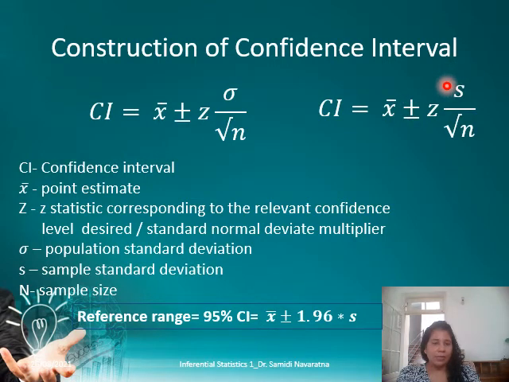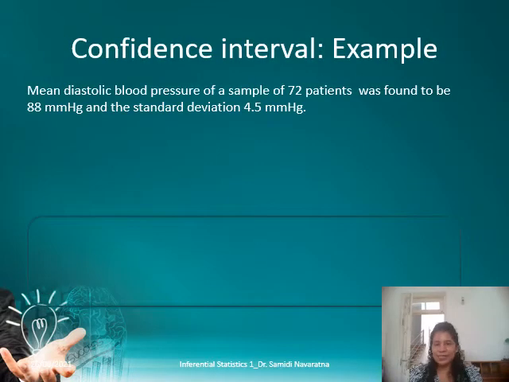Right. So moving on, let's look at an example to understand the construction of confidence interval. Let's say the mean diastolic blood pressure of a sample of 72 patients was found to be 88 millimeters of mercury and the standard deviation 4.5 millimeters of mercury.